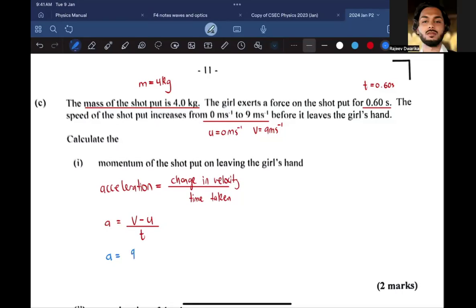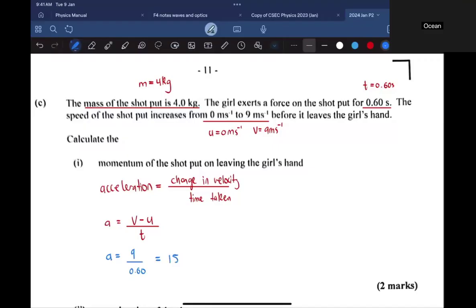Ocean, if we're not even using our formula, you could look at this and see the change in velocity, that it increased to 9. You don't need a fancy formula to see that. And where's the time? 0.6 seconds. Right, so plug that into the calculator and tell me what you're getting for acceleration. 15.